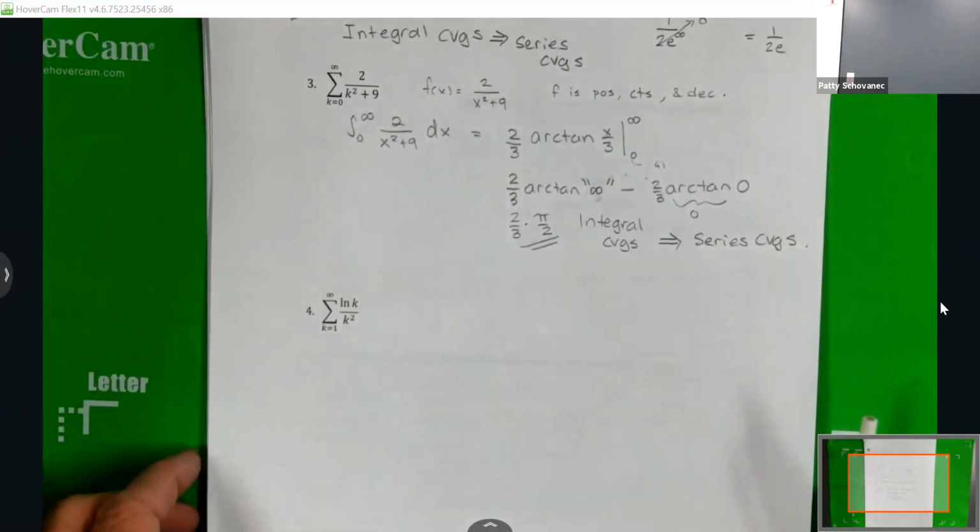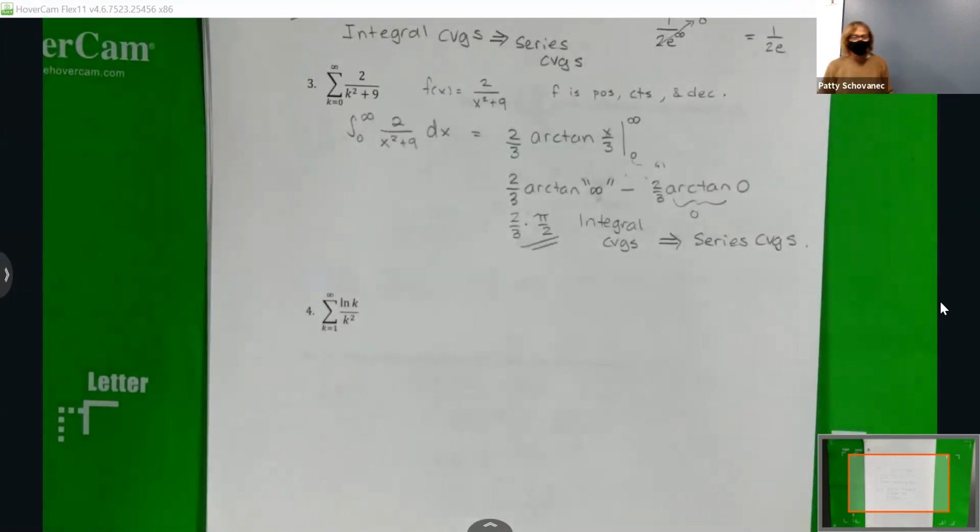This next one is going to have a name once we do it. I'll give it a name. But right now we're just going to assume that we're going to do this by the integral test. So I have to first ask you, does the kth term go to 0?